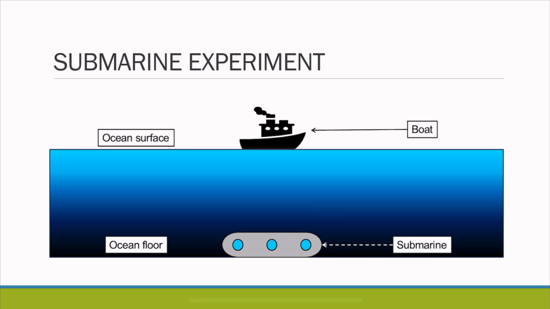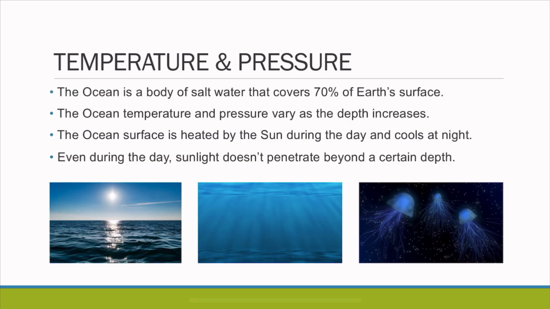So the takeaway here is that the speed of sound doesn't change with depth, rather the conditions at the depth. So for example, if the person were to get out of the submarine and measure the speed of sound in the water at this great depth, then the values will no longer be the same because certain conditions change with depth. So there are two things that change at the ocean depth which are of great importance. Those are temperature and pressure.